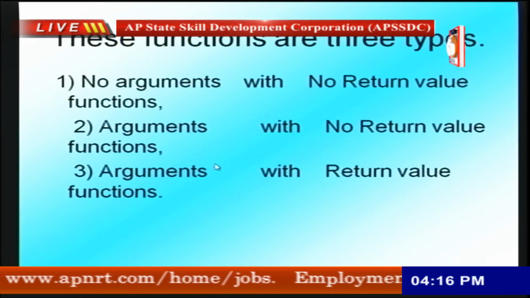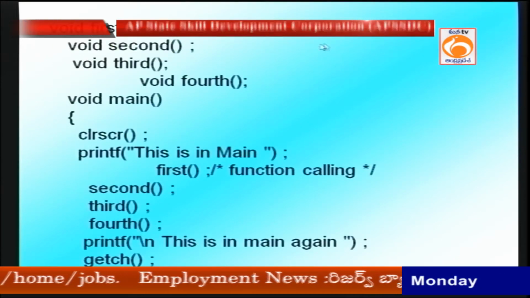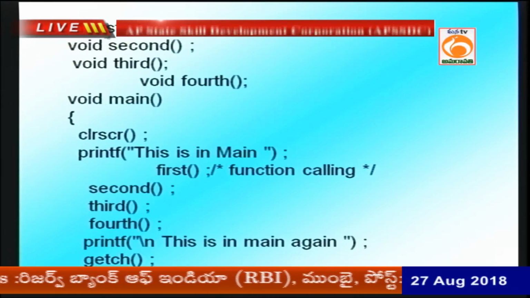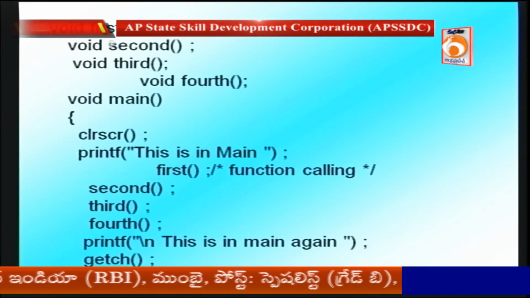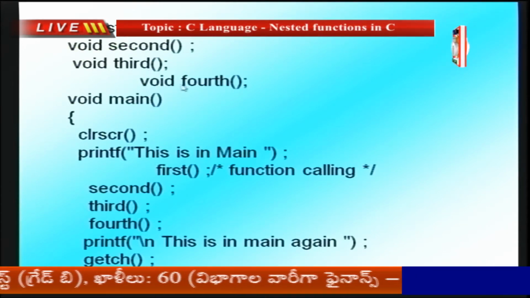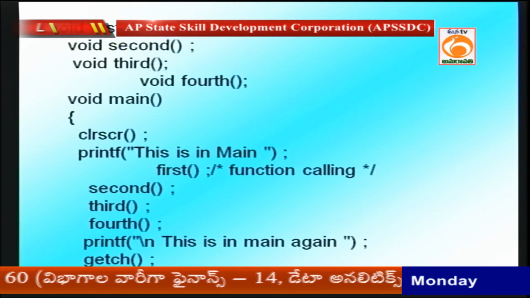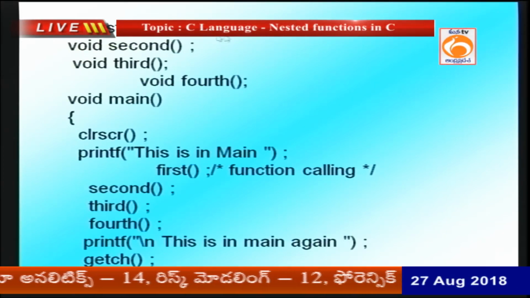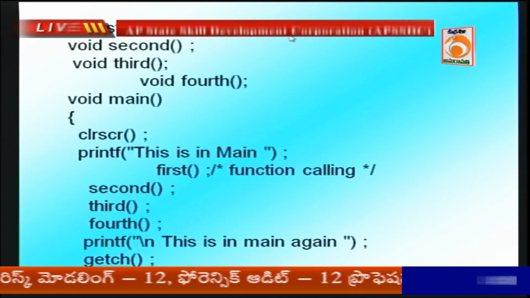Now I want to define one more simple example program. In this example, observe void first, void second, void third, void fourth. Totally how many functions do I have? Four functions. This step is called function declaration.